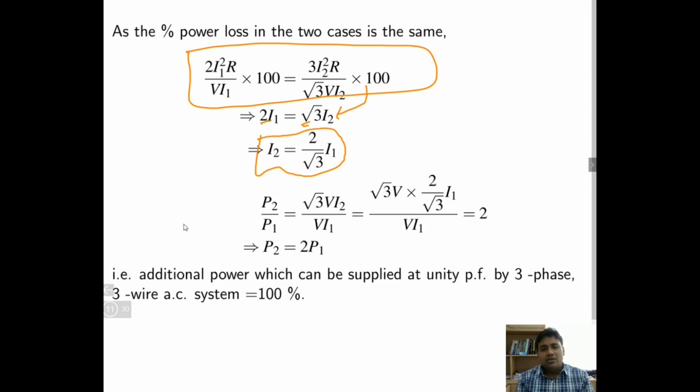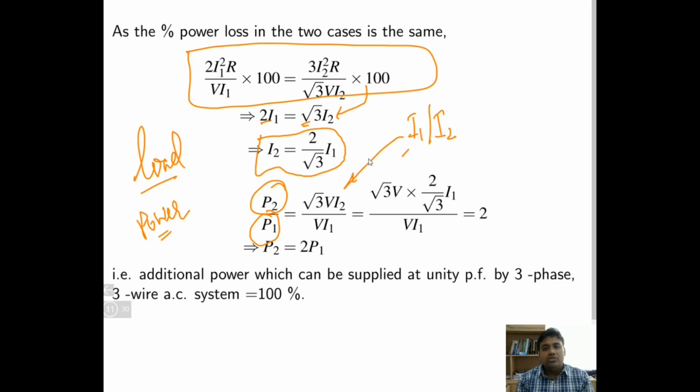After that, we have to find the load. Load basically means the power, how much power we are transmitting. So if we find P2 by P1 and substitute the I1 and I2 relationship that we have deduced, we find that P2 is basically 2 times P1.